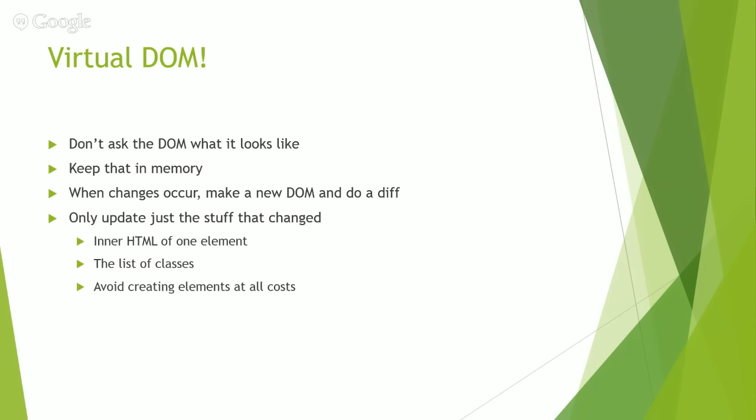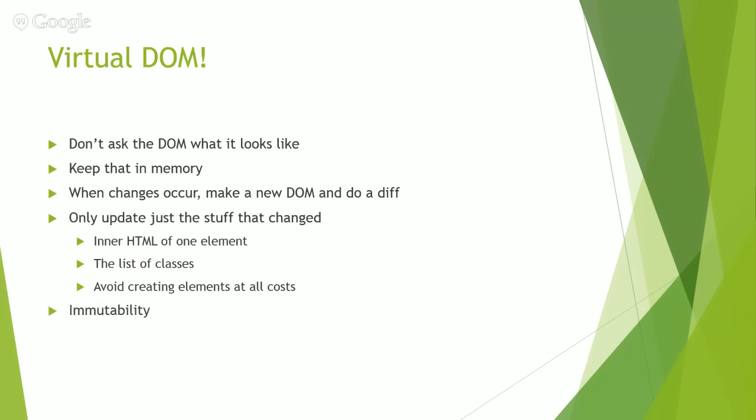The browser has less that it has to recalculate because there's only one different set of style rules that have to be applied. Ultimately, what this comes down to is we want to avoid creating elements as much as we can. The more we can reuse the existing elements on screen and just manipulate their contents, manipulate their attributes without having to recreate them, the less the DOM tree has to recalculate itself, and the fewer reflows and repaints we're going to get as a result.